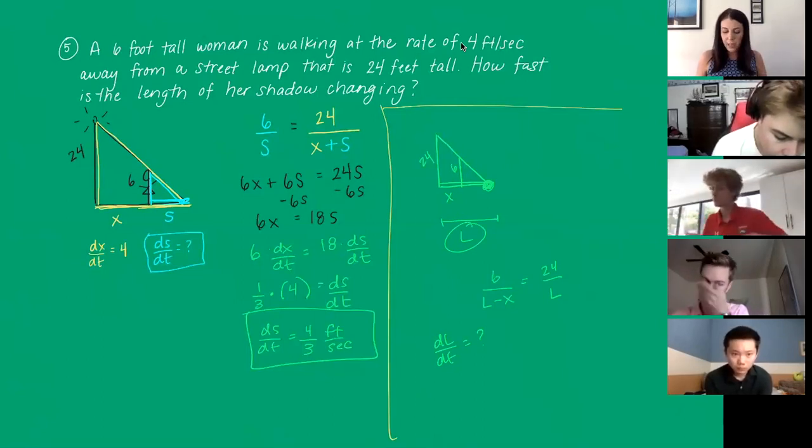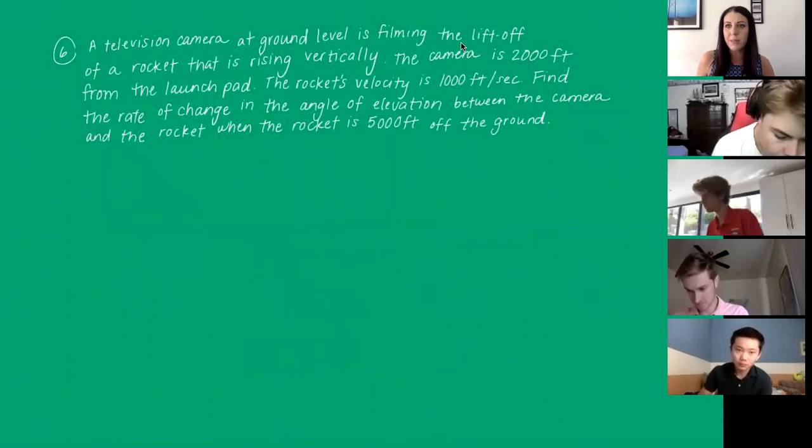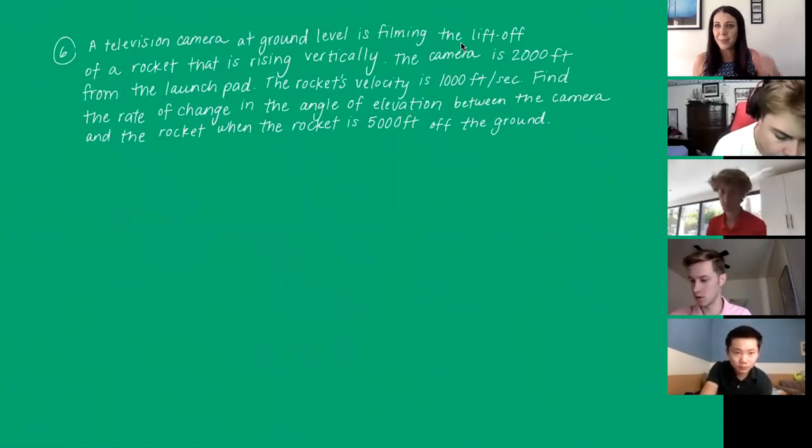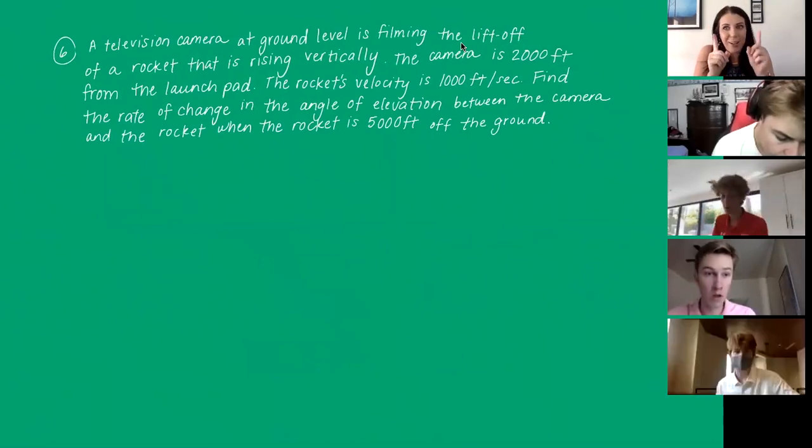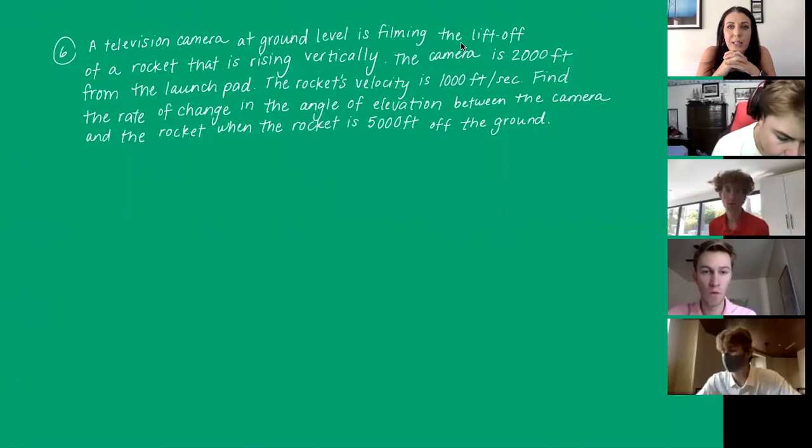Okay, let's go on to another problem. I've added some Khan Academy questions in here, and I think this is number 6. Okay, this one is tricky. It appears really, really tricky, and we're going to talk through how to approach this one. It says a television camera at ground level is filming the liftoff of a rocket that is rising vertically.